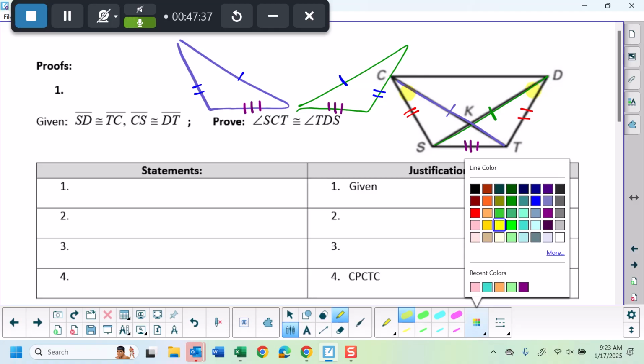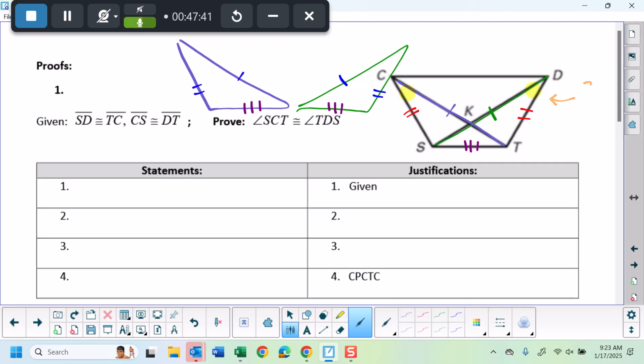And here's the most important thing you need to do: come up with some notation so that you don't mistake what you're being asked to prove as information. Are those congruent? Yes, they are. Do I know they're congruent? Not yet, because I haven't proven it. It's not a part of my given. You okay with that?